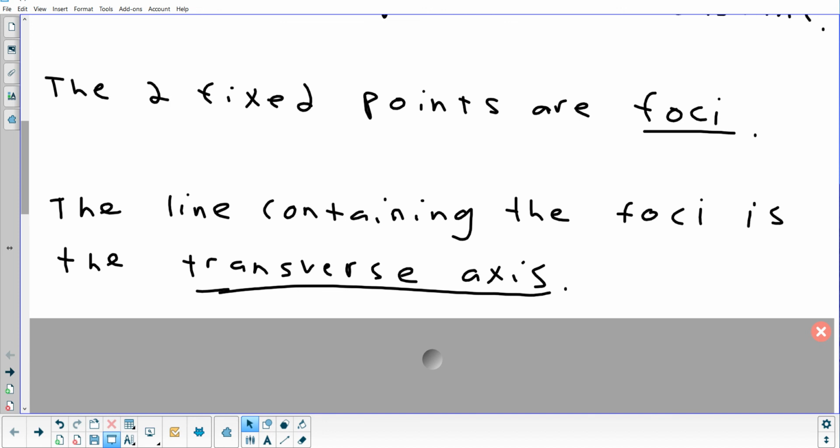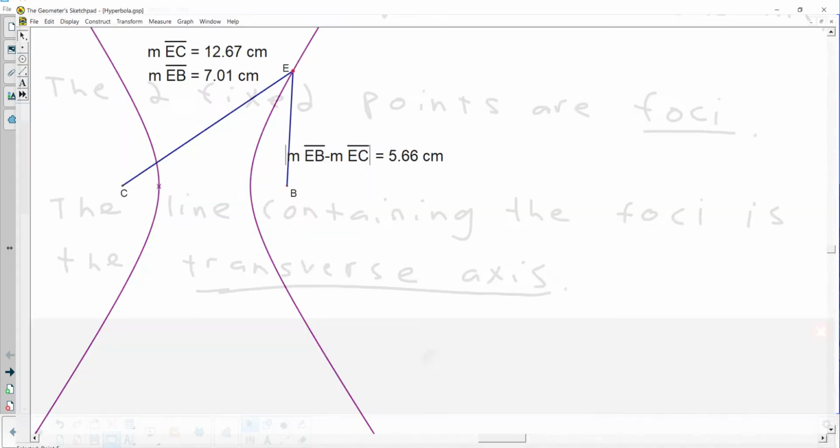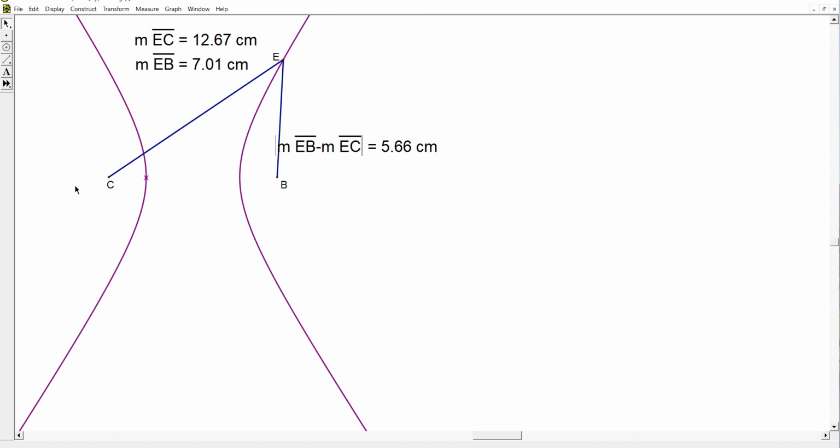The way you can remember the difference between the two, because we're going to have a name for the minor axis, but it's not called that, is to think about a hyperbola: if you want to go from one side to the other, you would have to traverse it. Traverse means to go across, and it sounds like transverse. So the transverse axis is the axis that goes across the hyperbola, connecting one branch to the other branch.